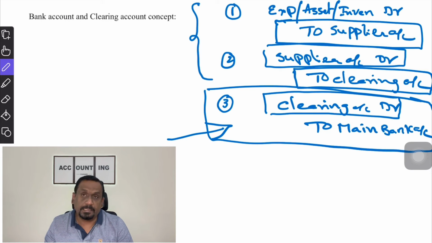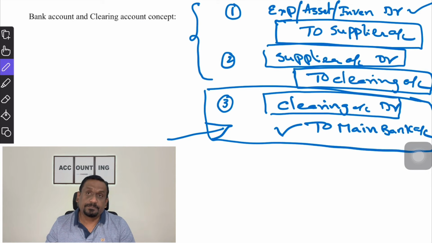These two will get cleared. Once these are cleared using those T codes we discussed previously, for GL code we use F-03, for suppliers we use F-44, we clear these transactions. Once we clear, what is left here? Expenditure account debit, main bank account credit. We are left with only these two. All others will get cleared.